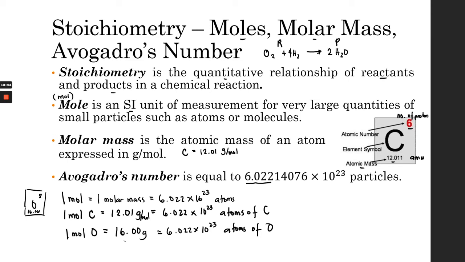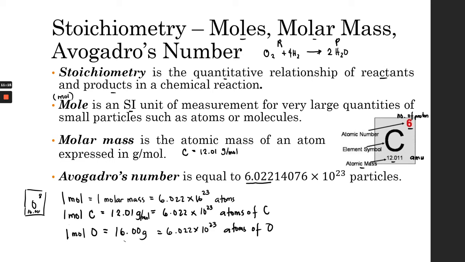If I have 16 grams of oxygen, I have about 6.022 times 10 raised to 23 atoms of oxygen. And all of these are equal to 1 mole. That is the relationship that I want you guys to remember.